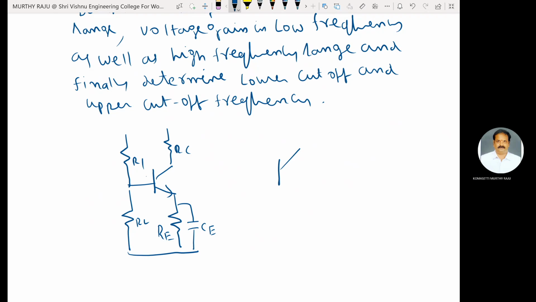This is stage 2, with RE, CE, similar stages, R1, R2.